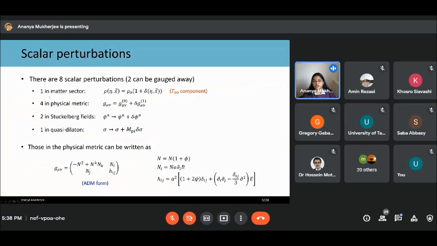So we have introduced one scalar perturbation in the matter sector, 4 perturbations in the physical metric, 2 perturbations in the Stuckelberg, and 1 perturbation in the quasi-dilaton field. So here the physical metric in ADM form is given in this way, and these are the perturbations in the physical metric. So we have 4 functions: phi, B, psi, and E.